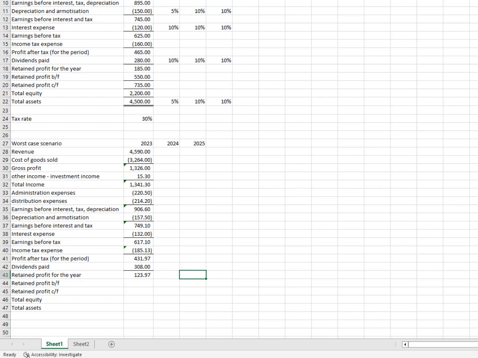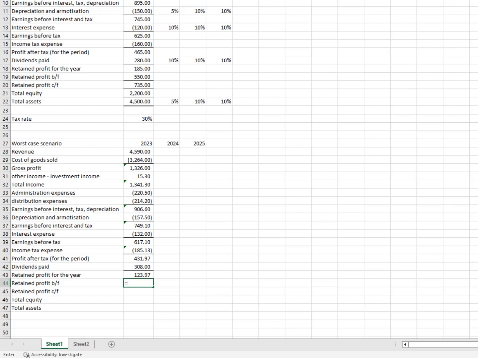Then we have the retained profit brought down. So this one is the retained profits for the previous year. So the retained profits brought forward is the retained profit carried forward from the previous year. So we refer to it, we say equals the retained profit carried forward from the previous year.